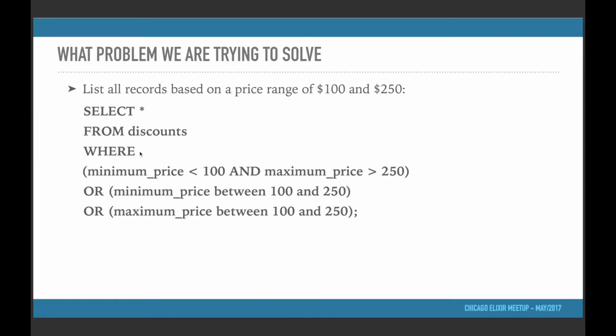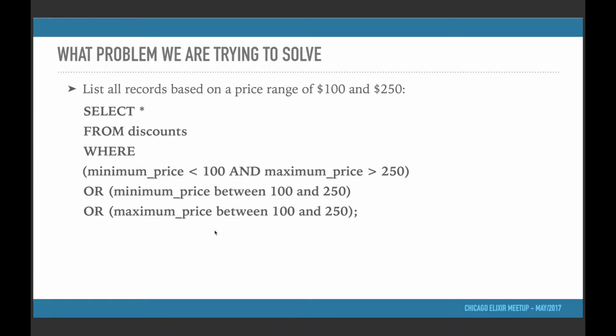I can have a range that starts outside my scoped range but finishes after that. That's included. Or my range overlaps everything. Or my range starts between 100 and 250 and goes beyond 250. So we have many use cases that I need to address in many ways with ands and ors and betweens and whatever.